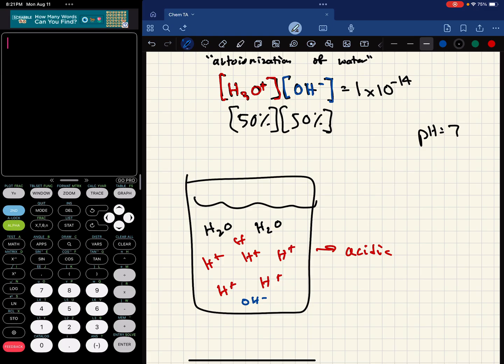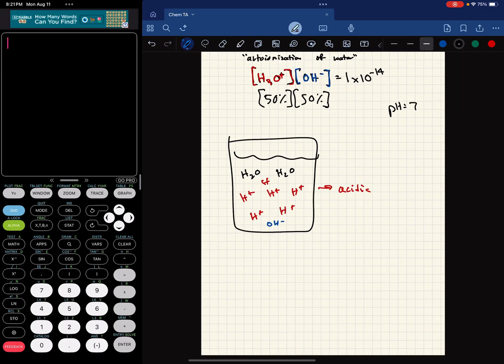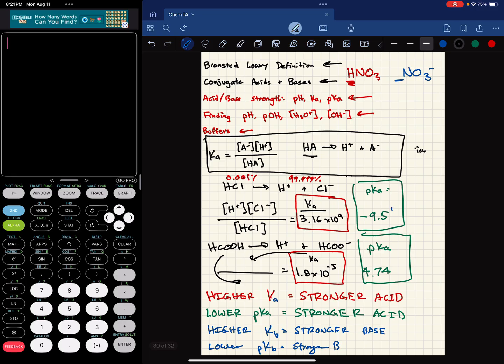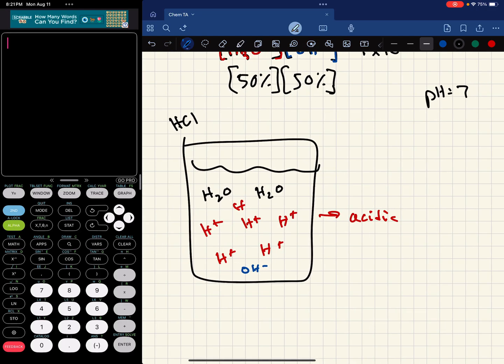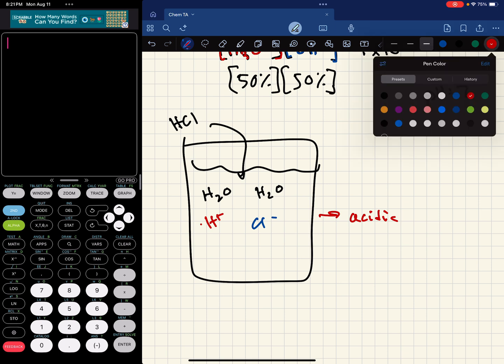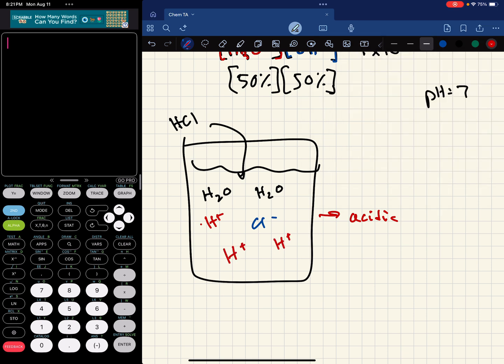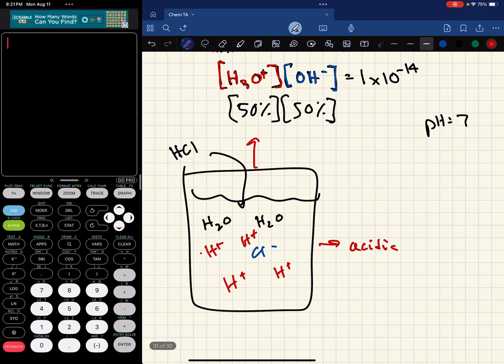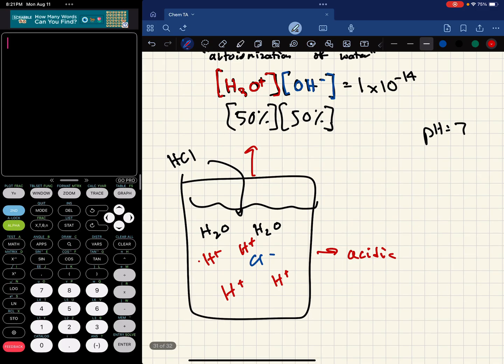So if I were to add, remember back here, if I were to add this, HCl, okay, I add HCl to water. And remember when I talked about how it dissociates, so HCl is going to be added to water, it's going to dissociate into H plus and Cl minus, okay? So we're adding just a bunch of H plus to water, H plus, H plus, H plus. And what does that do? It ups the concentration of our H plus in here, right?